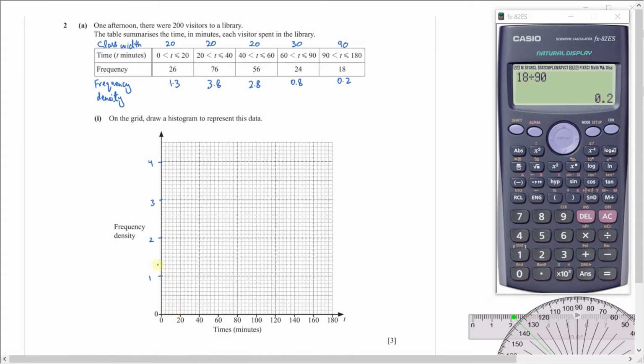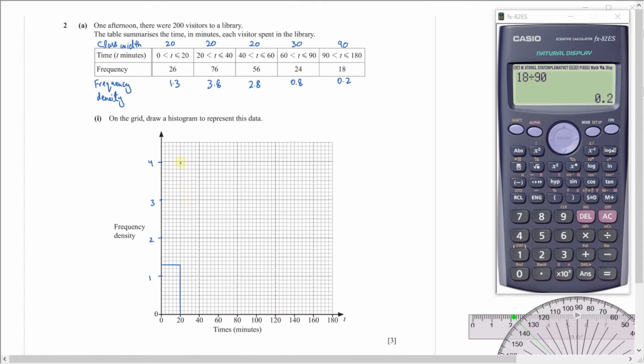So 0 to 20 is this, and this is 1, 1.1, 1.2, and 1.3. So I will draw a straight line here, and up till 20 down here.